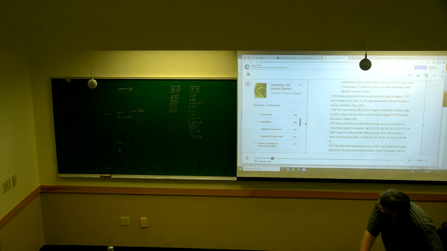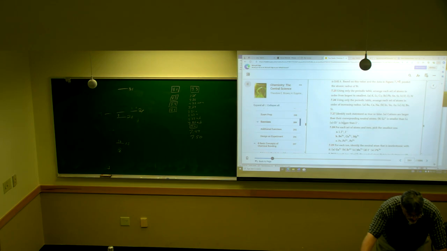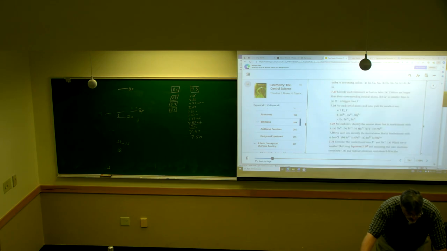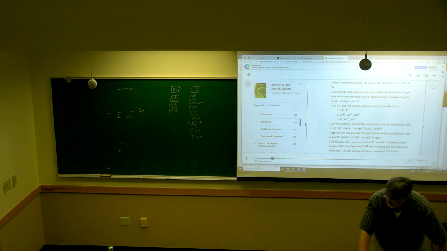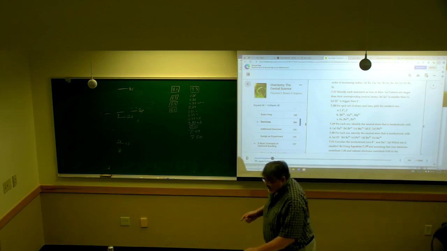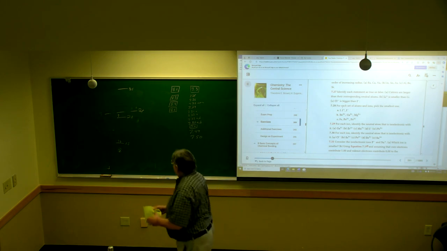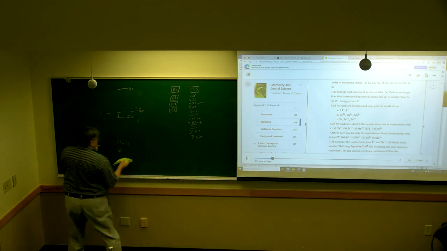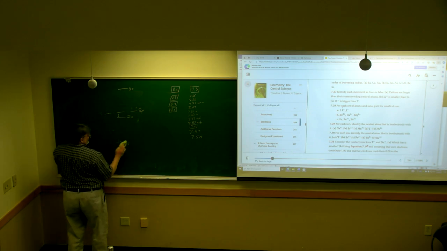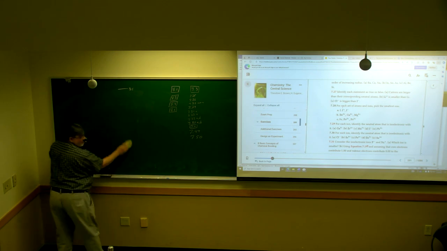Also put on here periodic trends and ions. It's because of that positive, okay. So this was for the neutral atoms. Let me redraw.